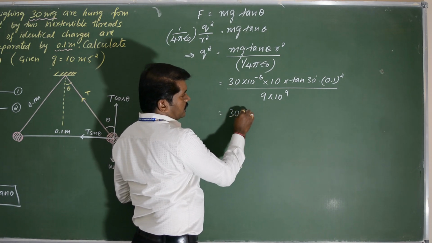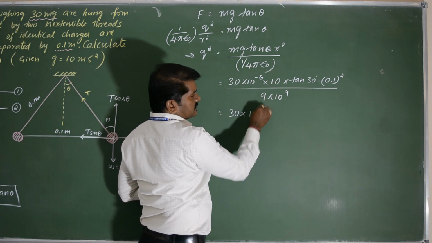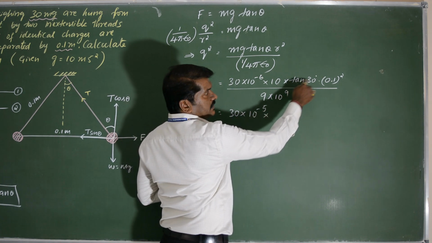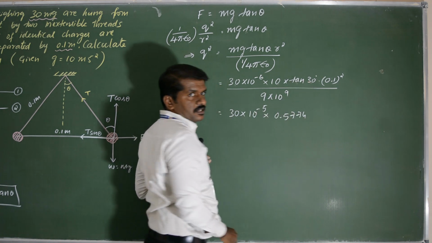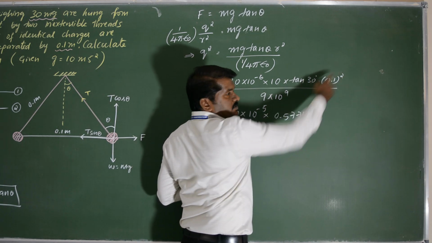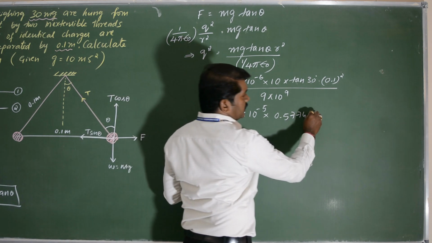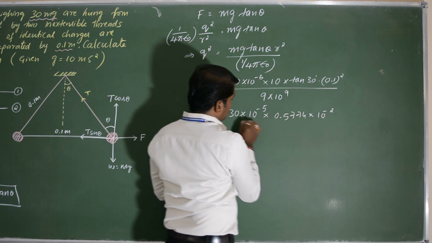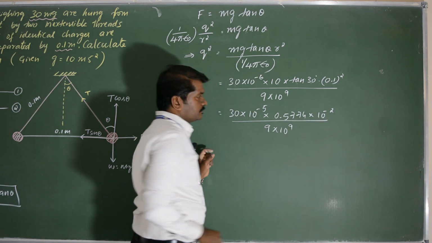30 into 10 power minus 6 into 10 is 10 power minus 5, into tan 30, which is 0.5774, that is 1 by root 3, into 0.1 whole square, which becomes 0.01, I'll take that as 10 power minus 2, whole divided by 9 into 10 power 9.